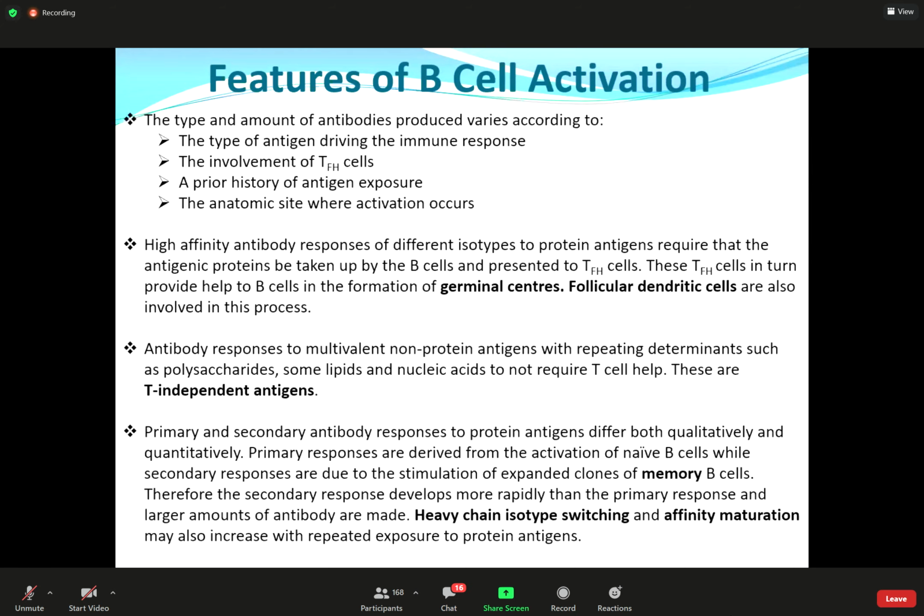And then the other thing to note is that separate from these B cells which need this T help, you have these so-called B1 cells which can make natural antibodies just non-specifically against particular antigens.